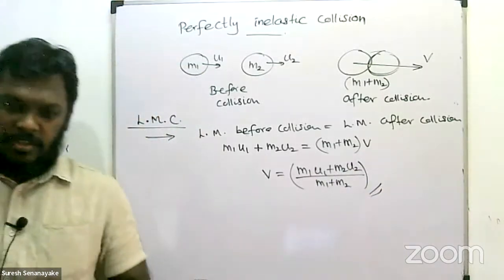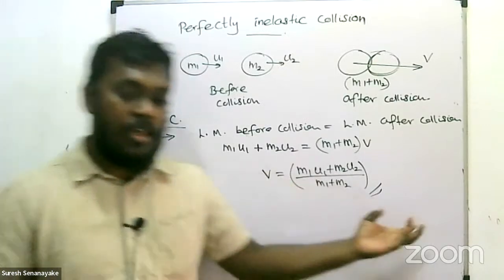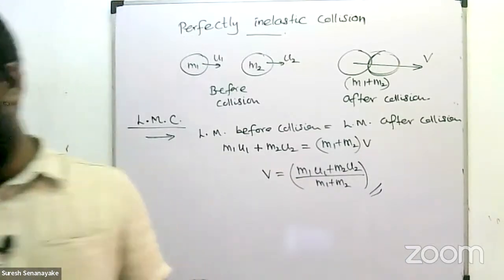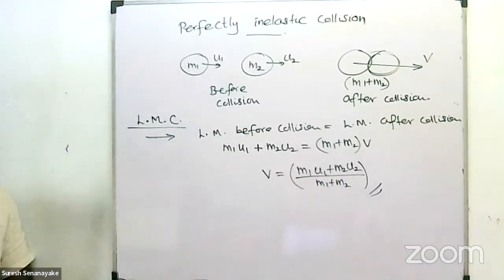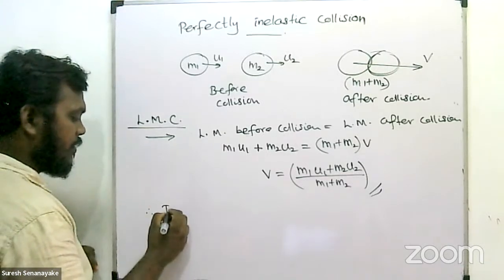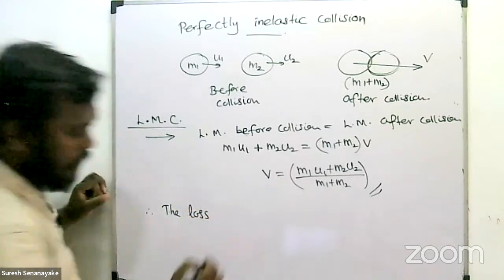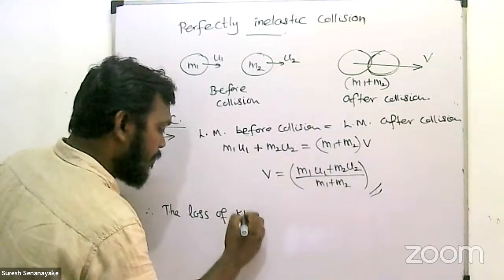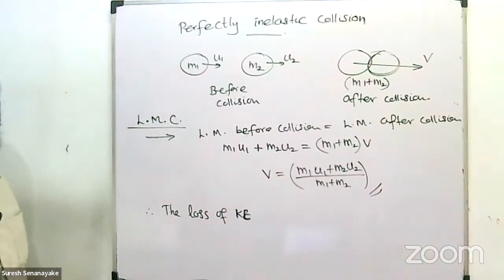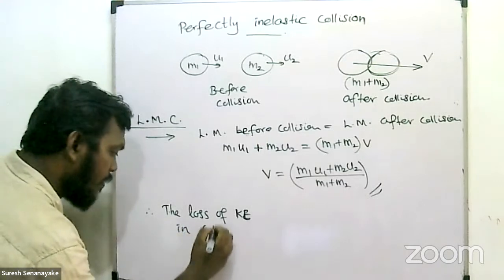So this is the velocity after collision. You don't care about the kinetic energy because the kinetic energy will not remain constant. Some kinetic energy will be lost, then you can find the kinetic energy lost during this collision. Okay, then write the loss of kinetic energy during the collision, right?